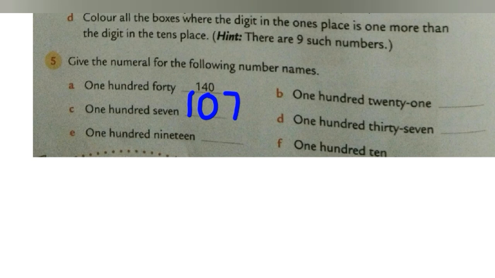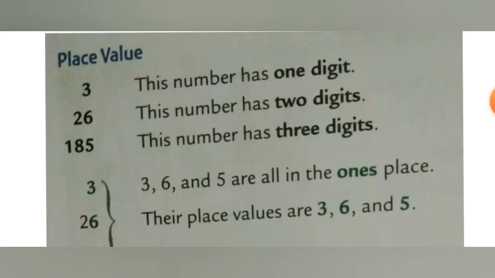Check out the next number. 121. Okay, so in 100 place 1 is given. 100. What is given in tens place? 20. So you will not write 2020 because in ones place it's given 1. 21. So 21. 121. This way you have to do the rest. You have to practice it and try out.